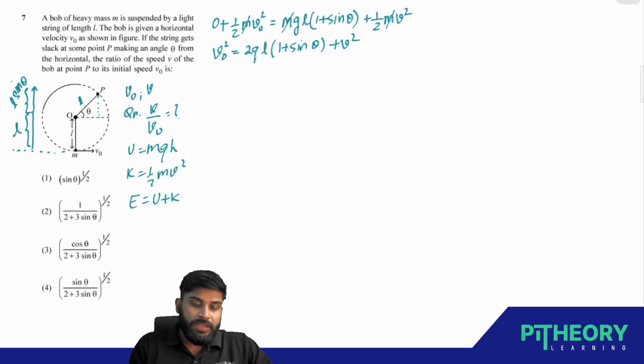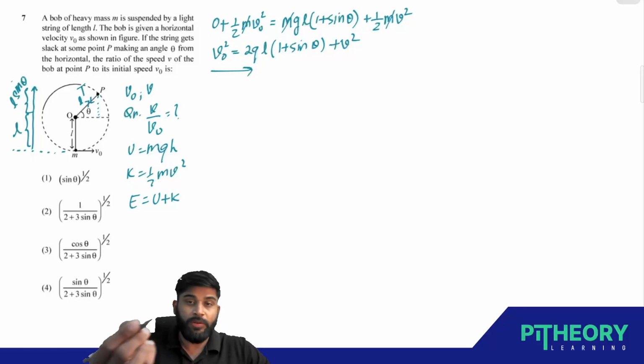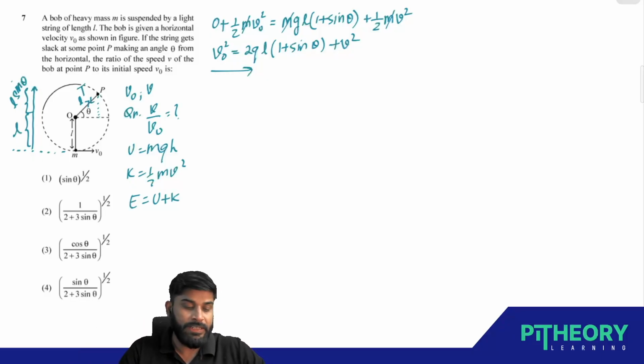One more relation I'm going to write is based on tension. How can we write this based on tension? Suppose at the topmost position the tension in the string is T. We know that at that point the string is slack, so the tension is zero there. Here you need to note that I'm considering a component of the weight mg along this direction.